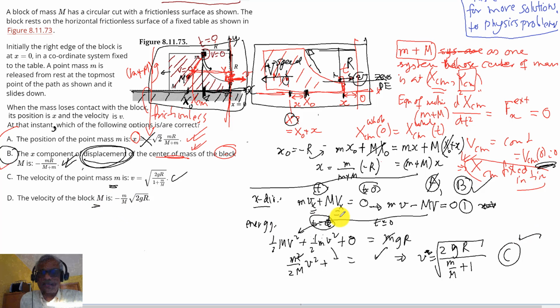To check D, I need to just do capital V, and it's asking for velocity, which is v sub x, and which will be negative.